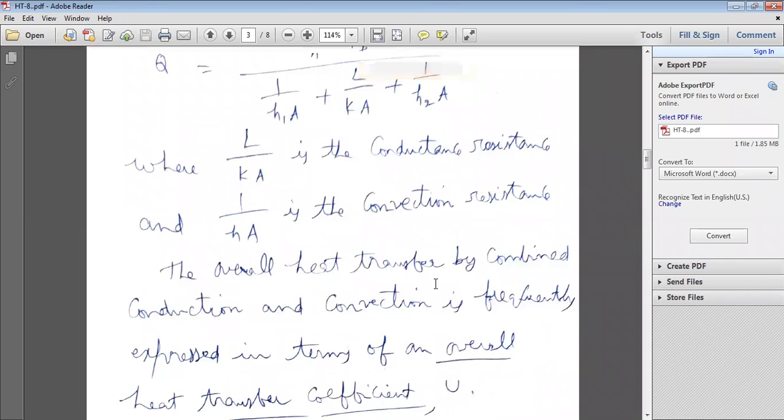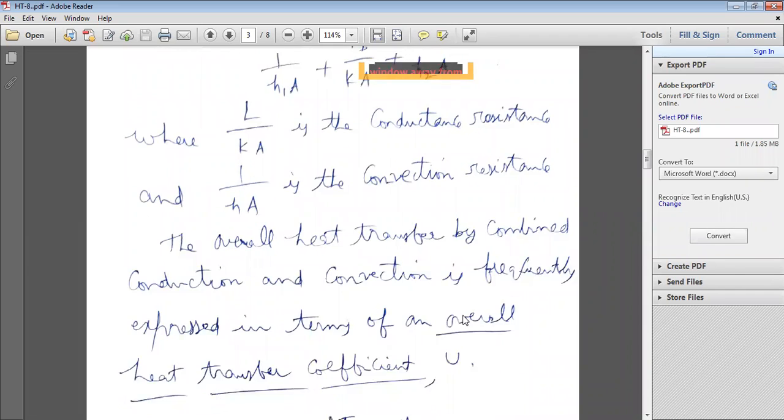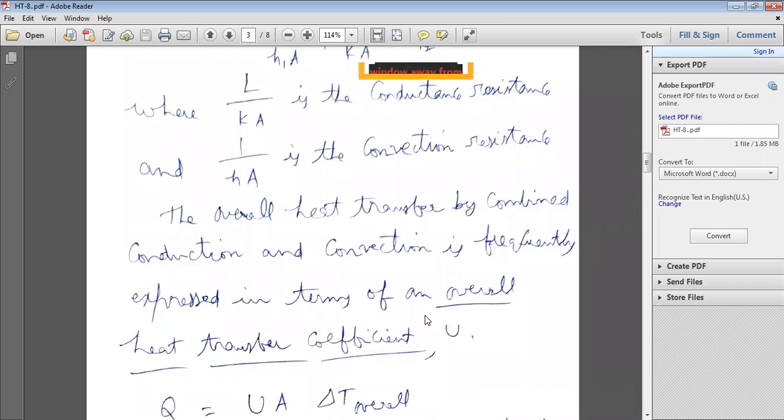The overall heat transfer by combined conduction and convection is frequently expressed in terms of an overall heat transfer coefficient U. This is very, very important.